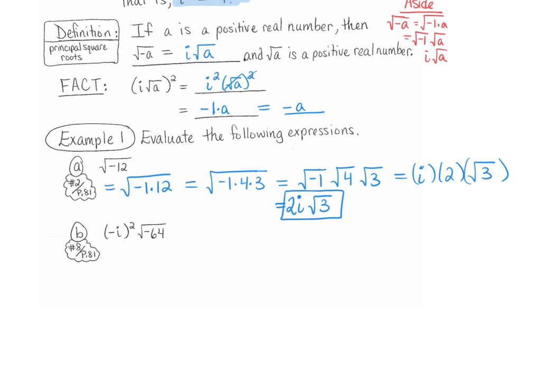Part B. We have -i squared times the square root of -64. What's -i times -i? Positive i.